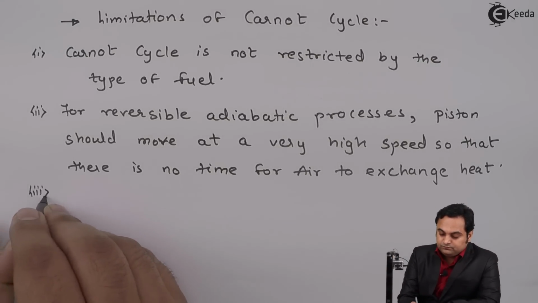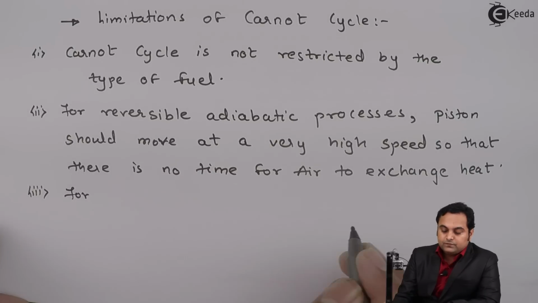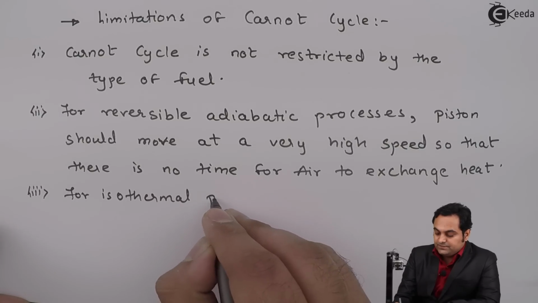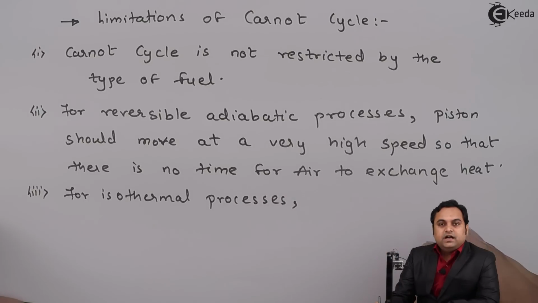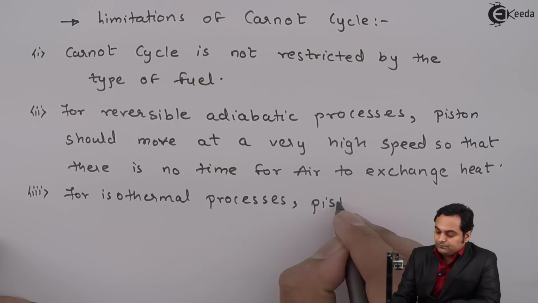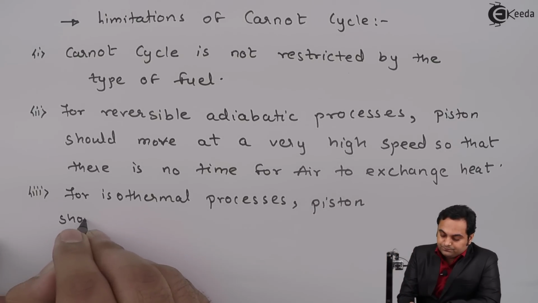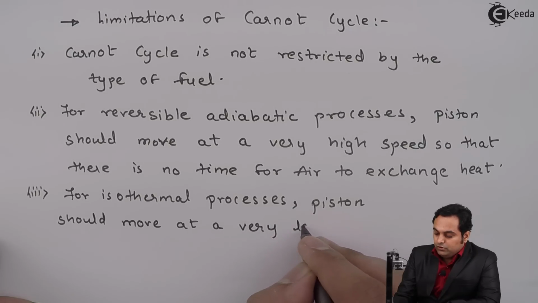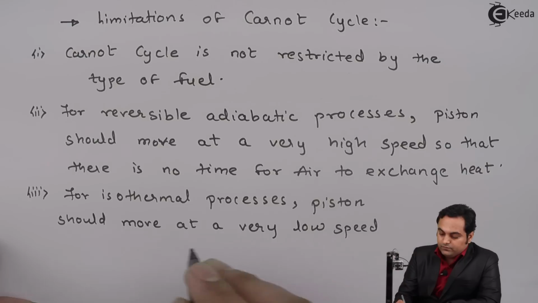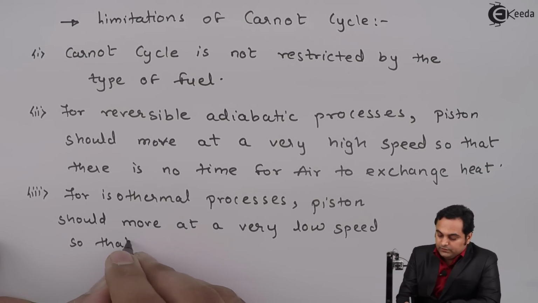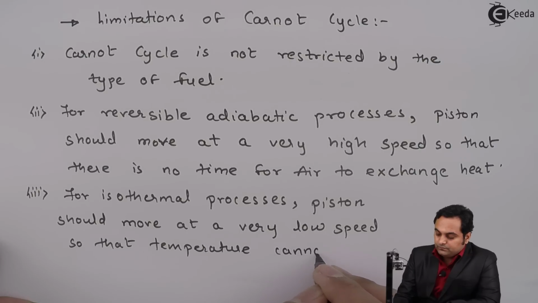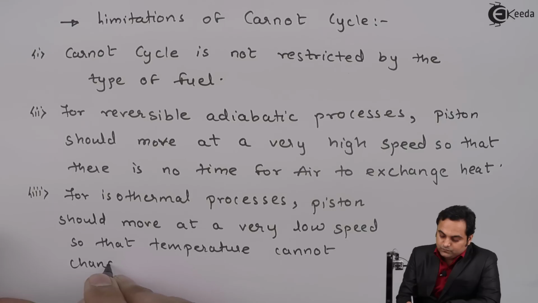Then for isothermal processes, that is isothermal heat addition and isothermal heat rejection, the piston should move at a very low speed so that temperature cannot change quickly.